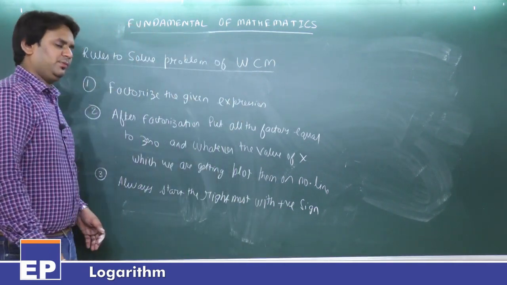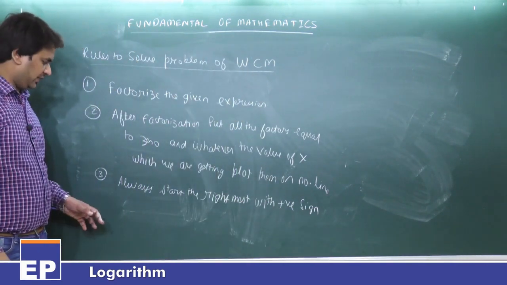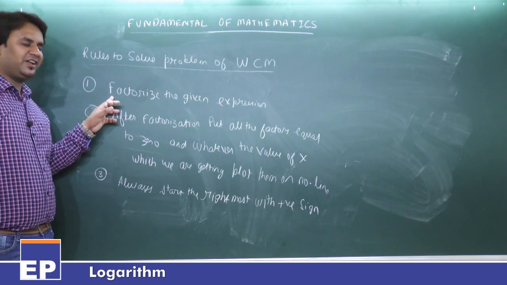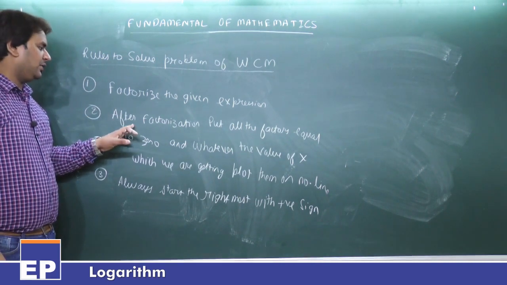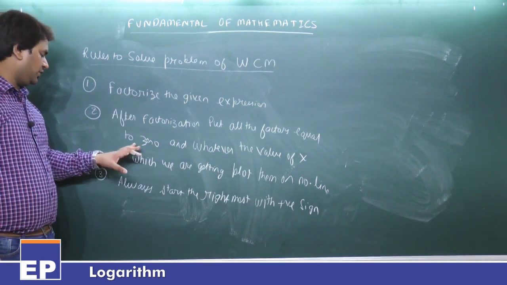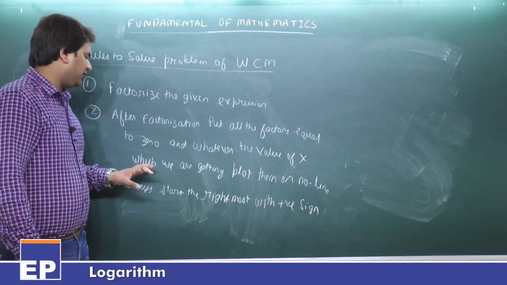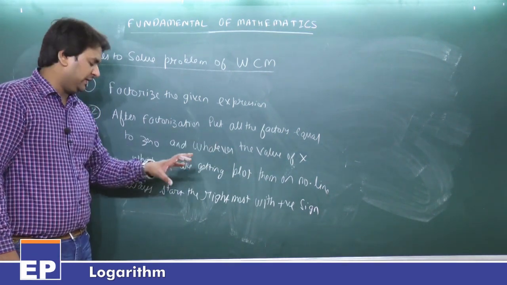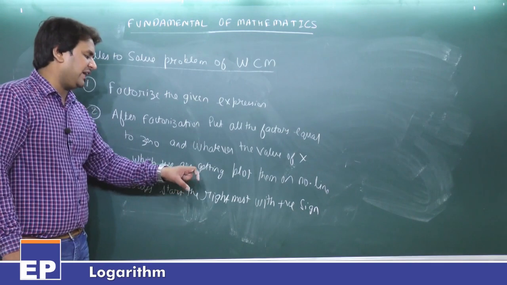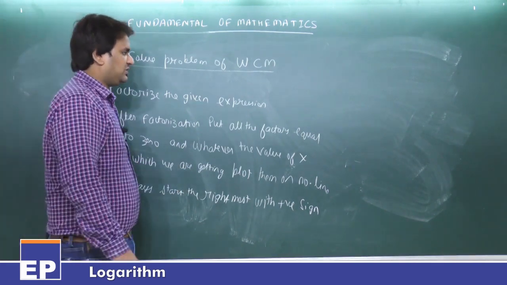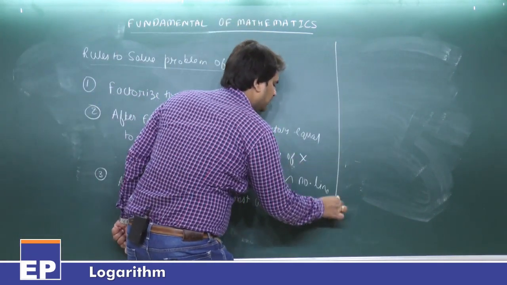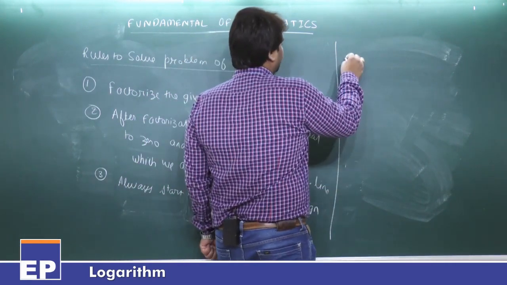Always start the rightmost side with positive sign. So this is the first rule, factorize the given expression. After factorization, put all the factors equal to 0 and whatever the values of x which we are getting, plot them on the number line. Third point is what? Always start the rightmost side with positive sign. Next point. Your next point is what? Fourth point.